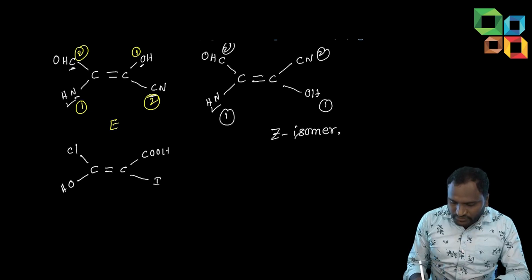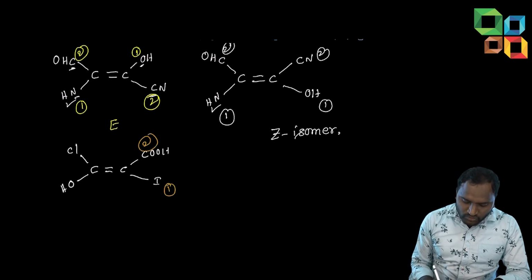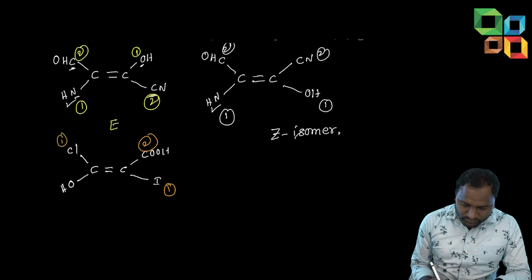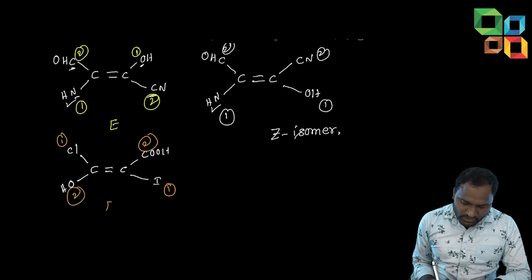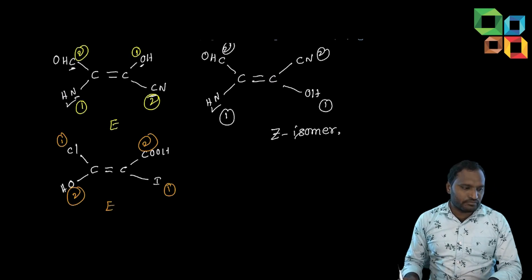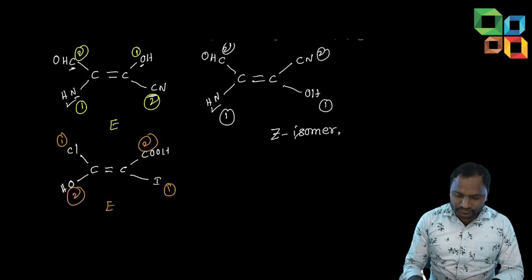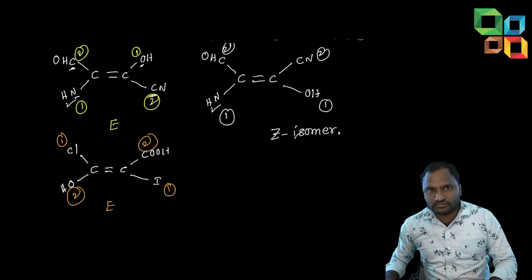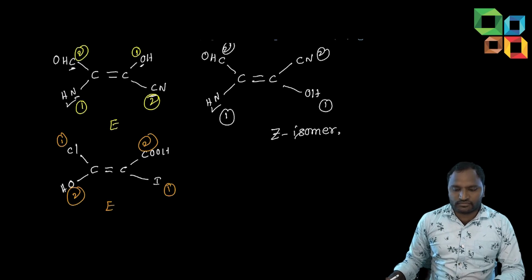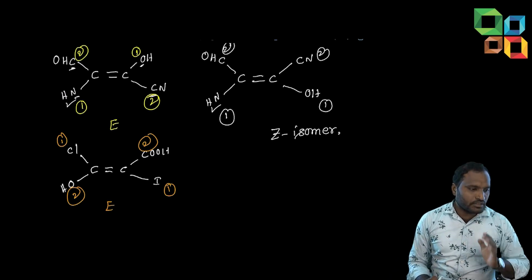Iodine will get first priority. Next is second priority, here chlorine and O. So same priorities are on opposite sides. E isomer it is.